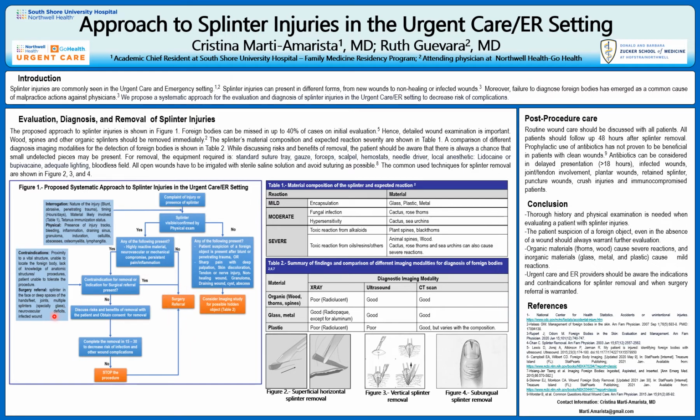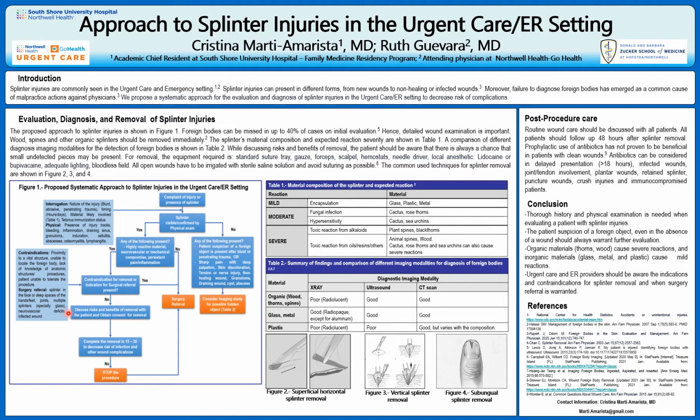If none of these are present, then you go to the next step, and that is to discuss with the patient the risks and benefits of the removal and to obtain consent for removal. While you're discussing risks and benefits with the patient, you need to make the patient aware that there is always a chance of small undetected pieces being left behind, for two reasons.